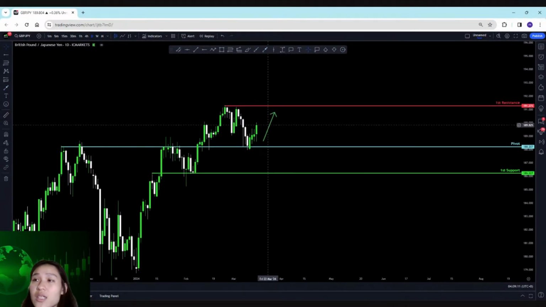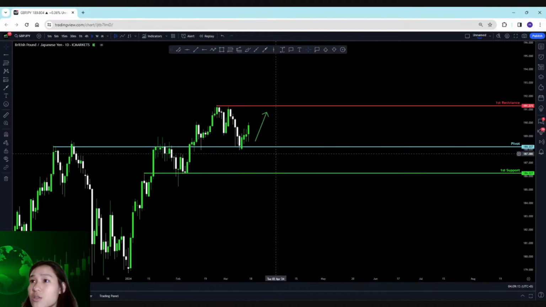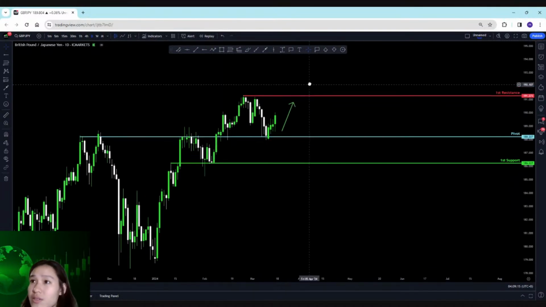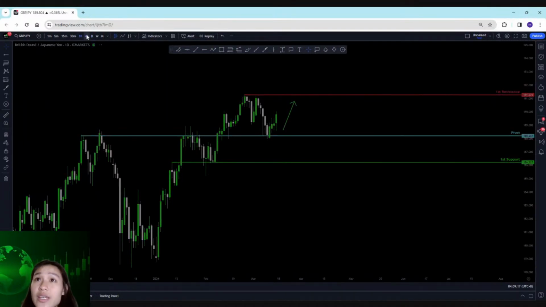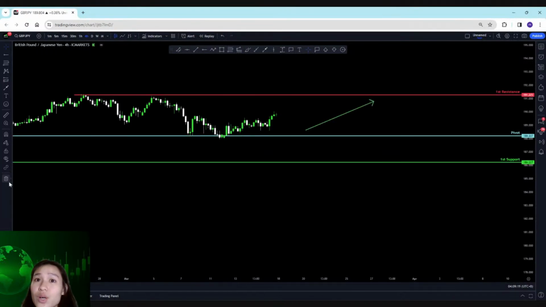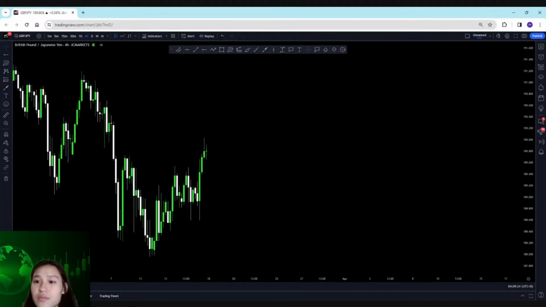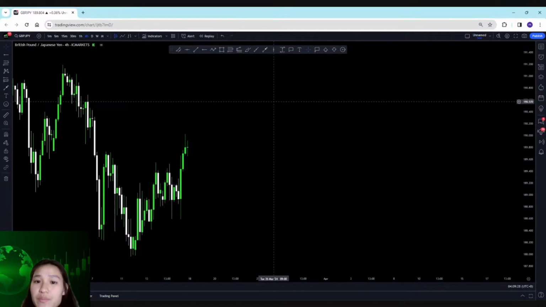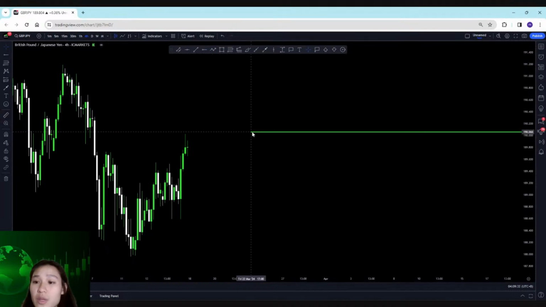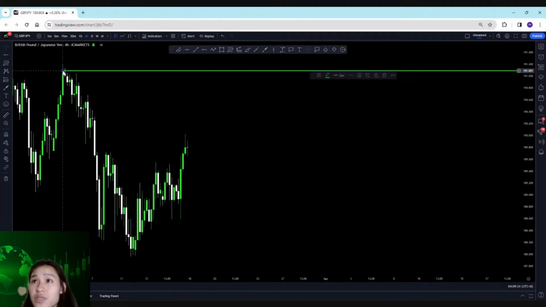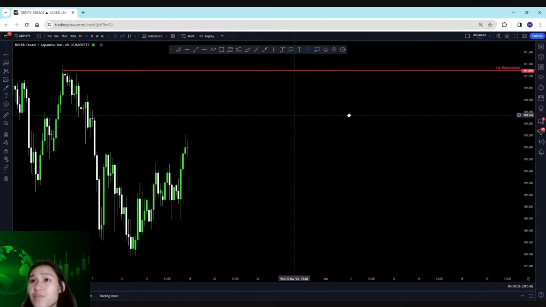So we are predicting that it's gonna hit from our pivot towards our first resistance. And next, let's look at our 4-hour time frame. So on our 4-hour time frame, I'm gonna do the same thing. I'm gonna place my first resistance at the swing high.